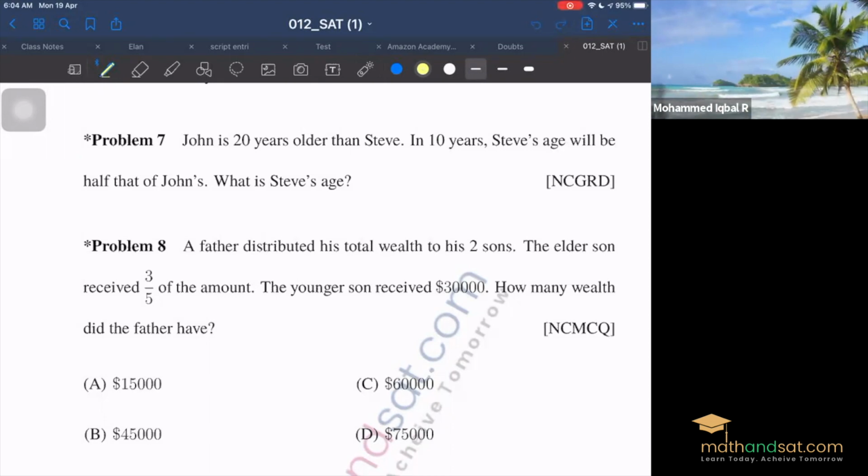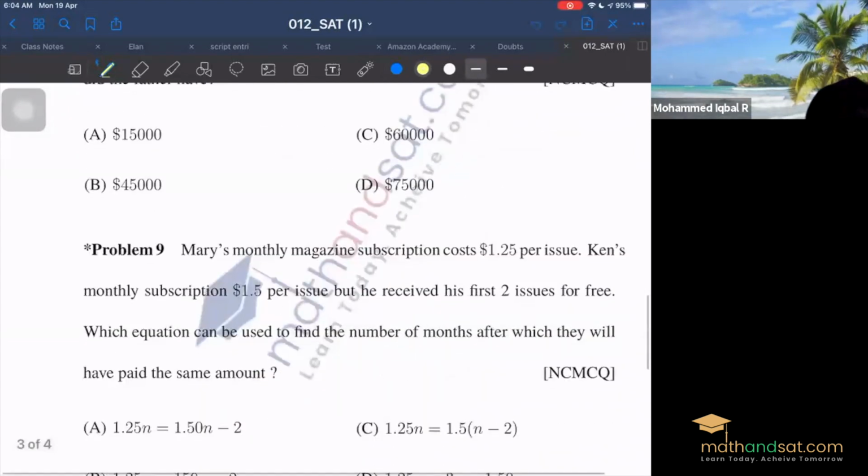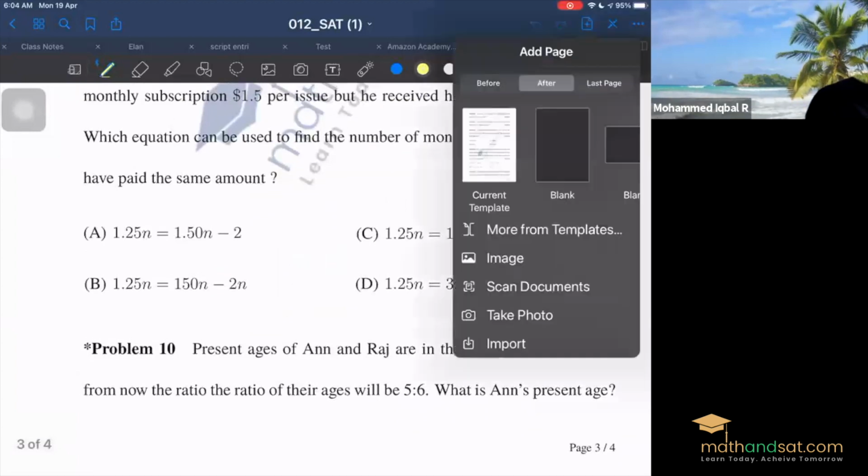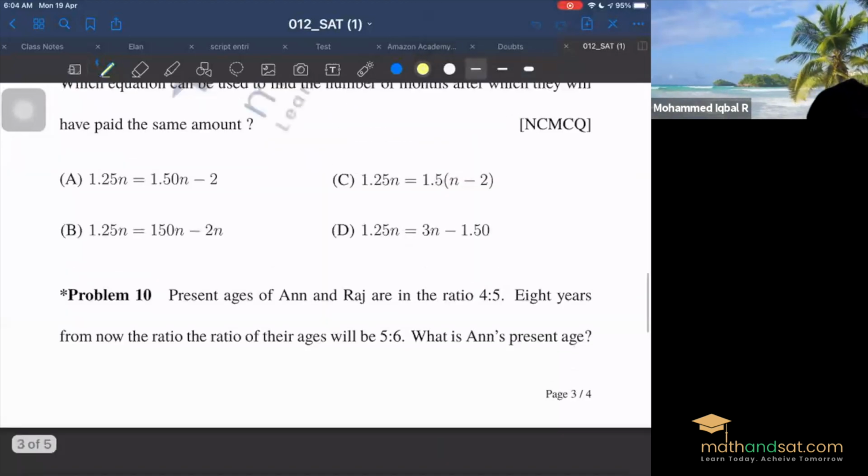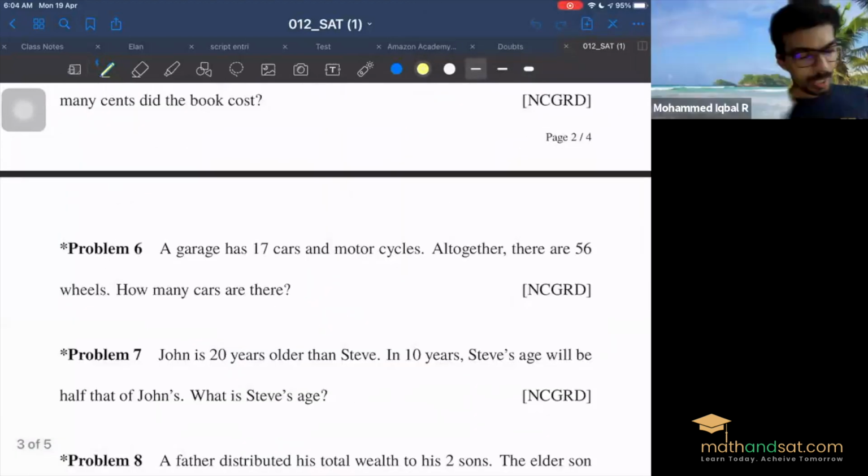So John is 20 years older than Steve. In 10 years, Steve's age will be half that of John's. What is Steve's age? So the question talks about current ages and ages in 10 years, 10 years from now. Okay.